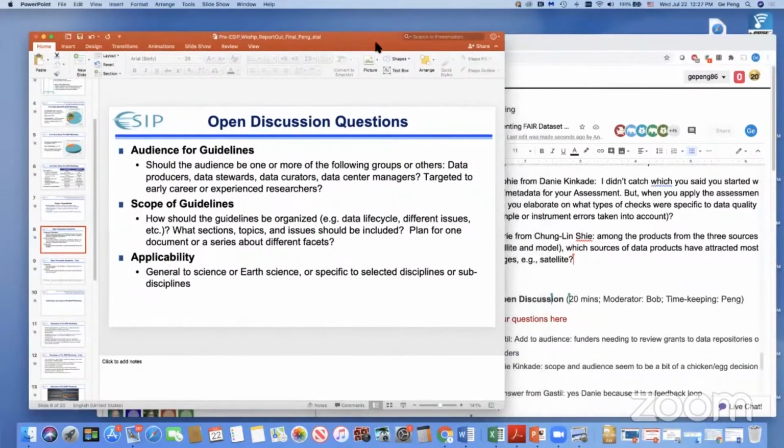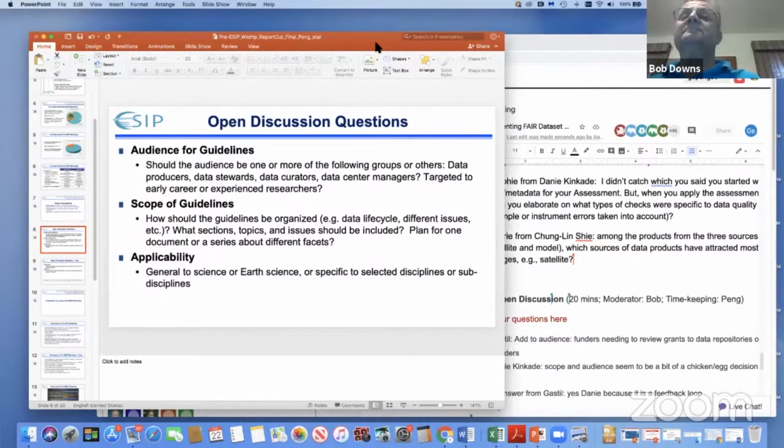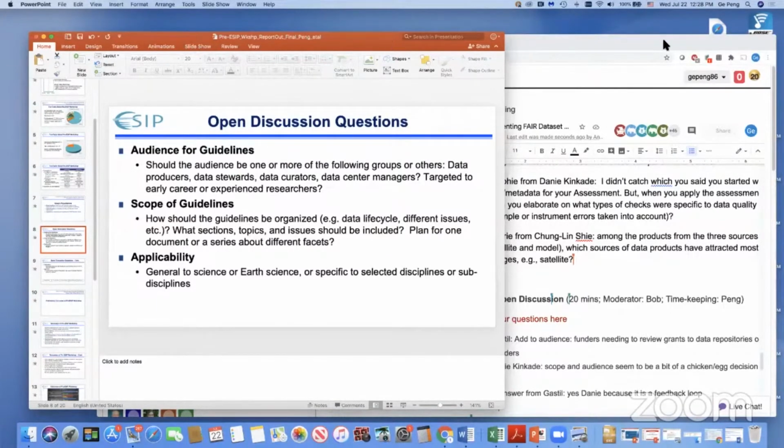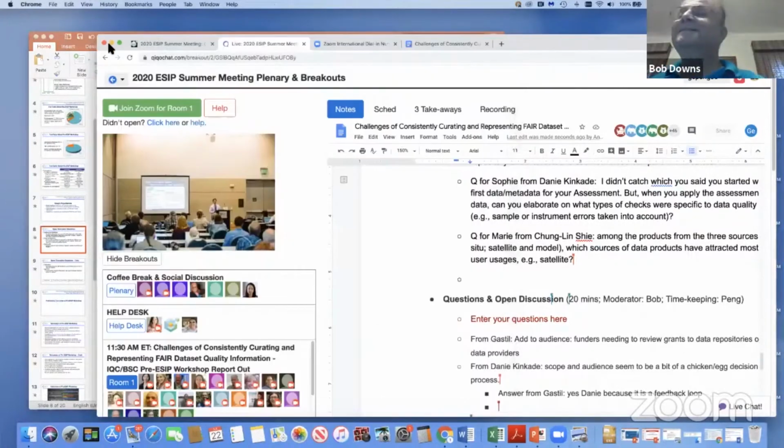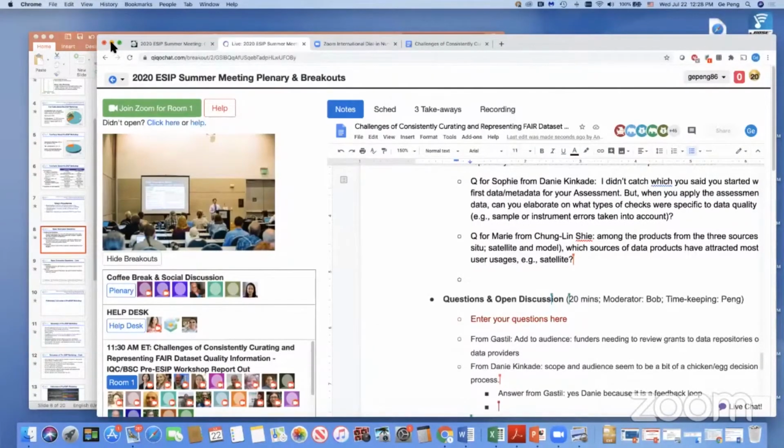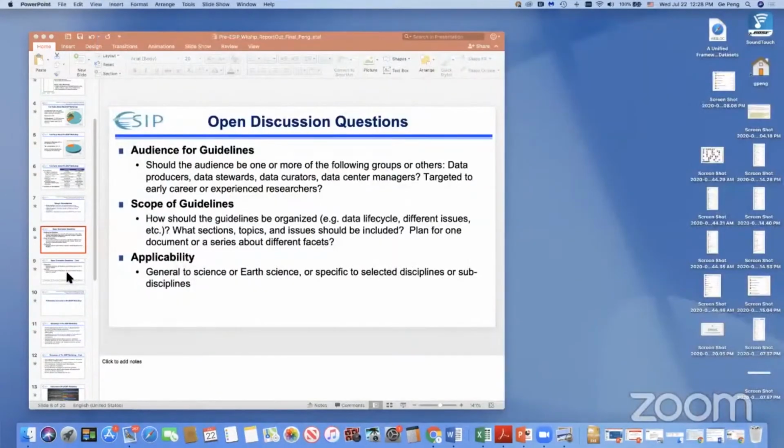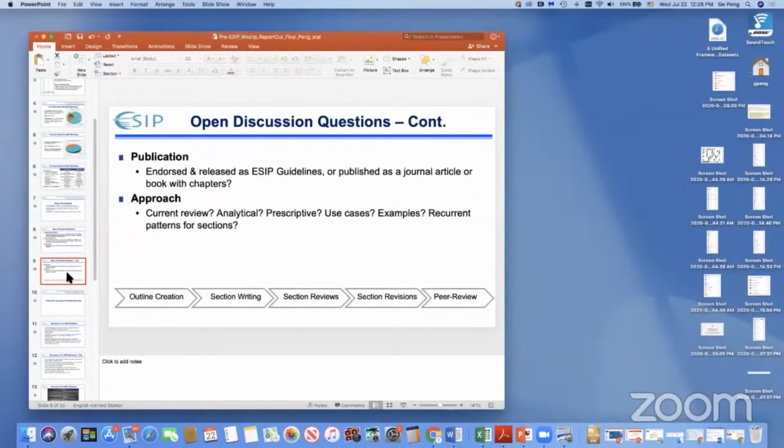Bob, yes. I'm wondering whether I should talk a little bit about the outcomes of the workshop, and we can go back to some of the questions here before we finish. That's a great idea, Peng. So what I'm going to do is show the next slides to give people a couple of minutes to think about some of the open questions.